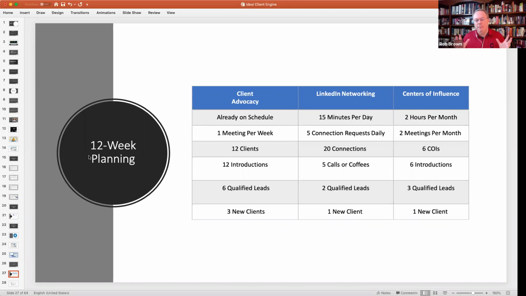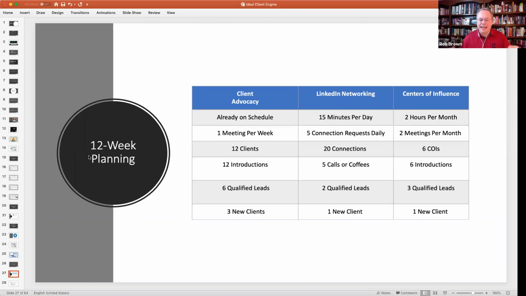And here's just a quick picture of what that might look like. This is a real life example of what one of my clients did in his business. He decided that for a 12-week period, he had a goal of bringing in 5 new ideal client relationships. Then, using some of the techniques that I'll describe in a little bit as we get deeper into the ideal client engine, he decided that client advocacy, LinkedIn networking, and centers of influence were the strategies he was going to use to achieve his goals.